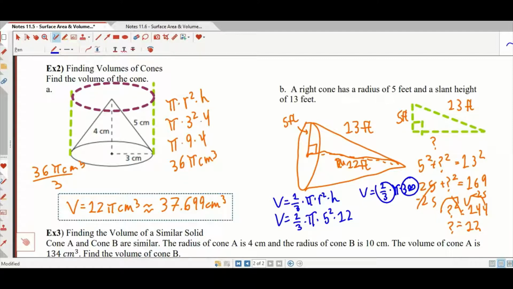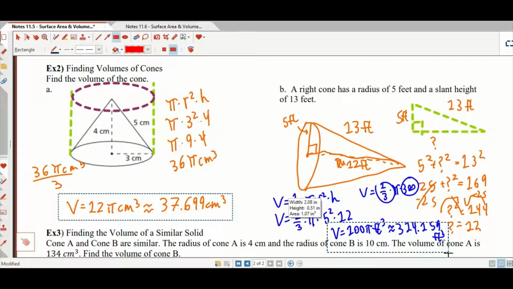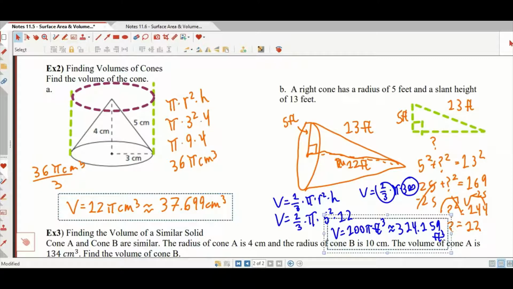And 1/3 of 300 is 100, which means the volume of this cone is exactly 100 pi feet cubed, which is approximately 314.159 feet cubed. That's how I would put it. Sweet. Again, sometimes you've got to solve for the unknown bits.